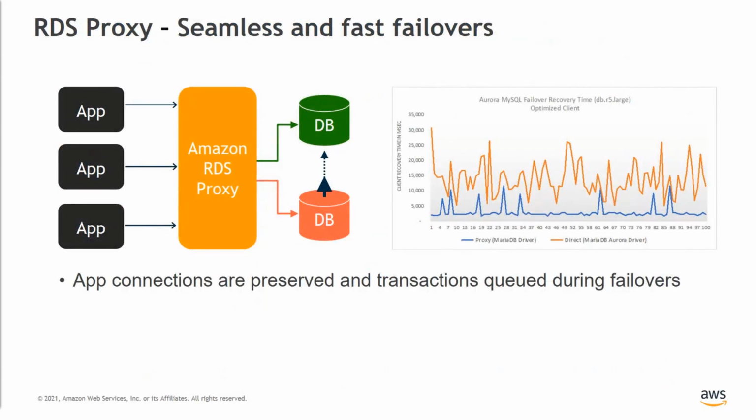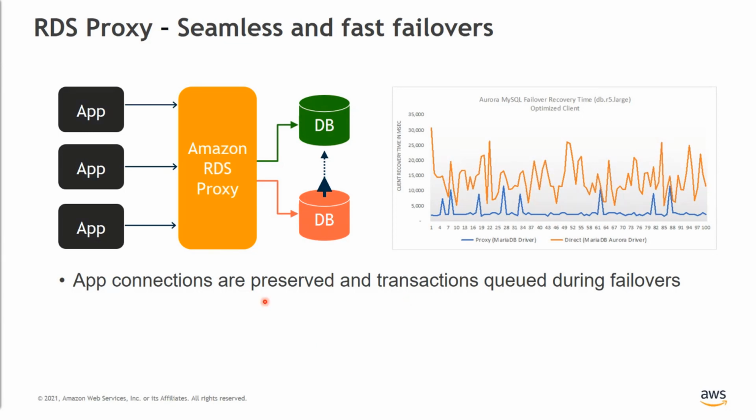So thinking about this, from a performance standpoint, apps connect to the proxy, and the proxy can determine that a database has failed and can open connections to that database even in advance of the failover. And you can see in this chart here, looking at Aurora MySQL, the failover time using a proxy compared to even an optimized MariaDB driver is generally an order of magnitude faster.